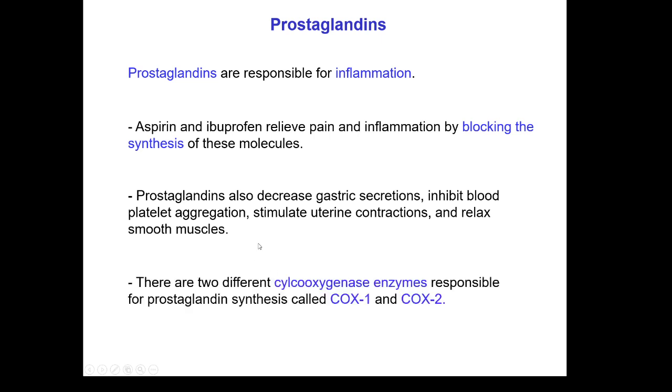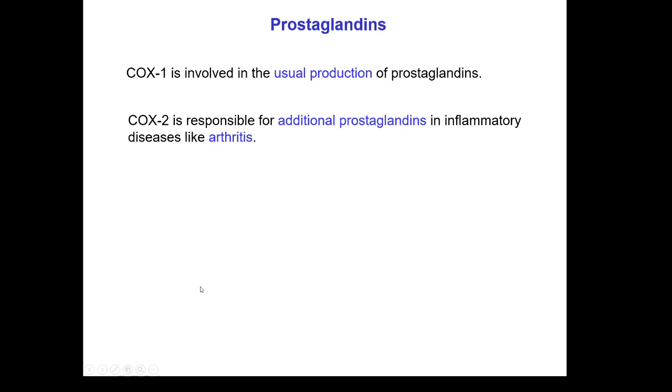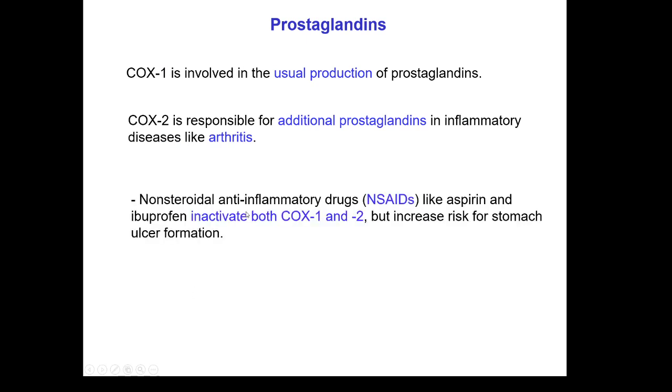We want to lower their amounts in response to inflammation. We take aspirin or ibuprofen, and it blocks the synthesis of the molecules. And you can see everything else these prostaglandins do: gastric secretion and so on. We're not going to worry about the different enzymes.